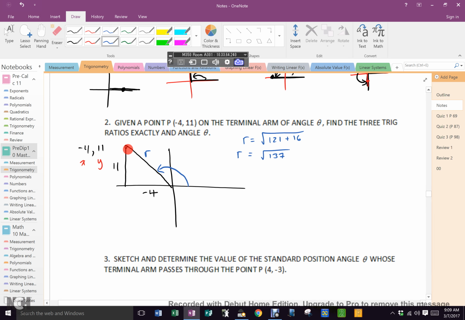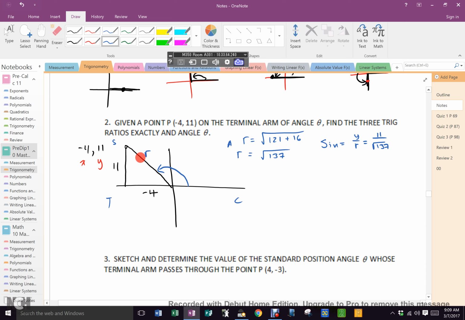Do I now know all three trig ratios? Right, we do, because sine equals y over r. What's my y value? 11. What's my r? Root 137. That's a positive number, yes? Should signs be positive in this quadrant? C-A-S-T.